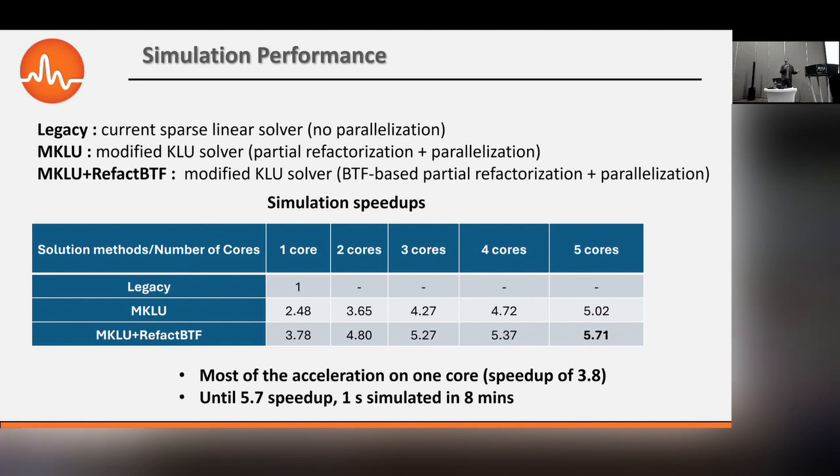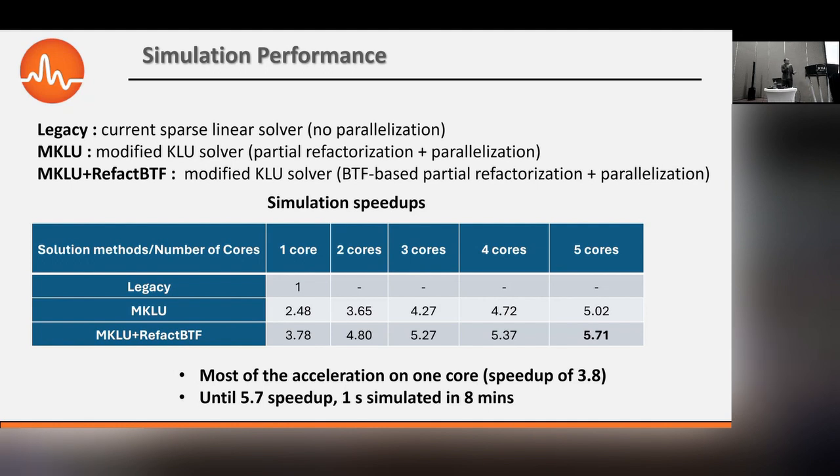Okay, so here is a recap of the techniques I explained. Legacy is the current solver. MKU is the modified KLU solver. We use a faster refactorization and parallelization. And then you have the refact BTF, the technique where you use the BTF only to accelerate the refactorization and not for parallelization purposes. And we can combine them with parallelization.